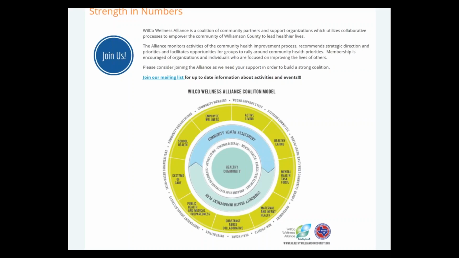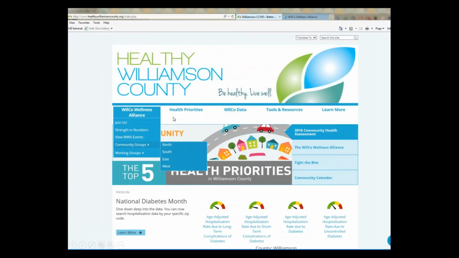Okay, and going back to the main website, once again, if you hover over the Alliance tab and hover over community groups, you'll see we have 4 community groups in the Local Wellness Alliance, and we have assigned a page for each community group.